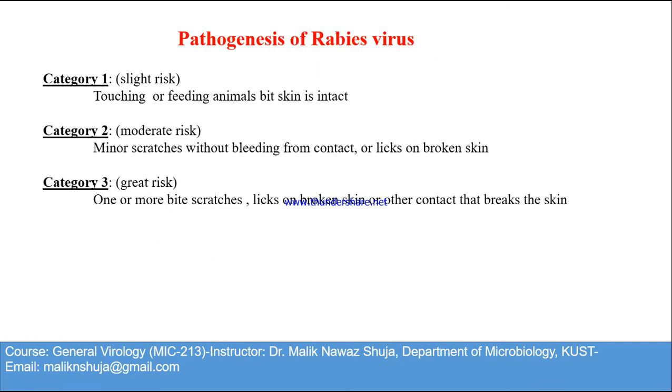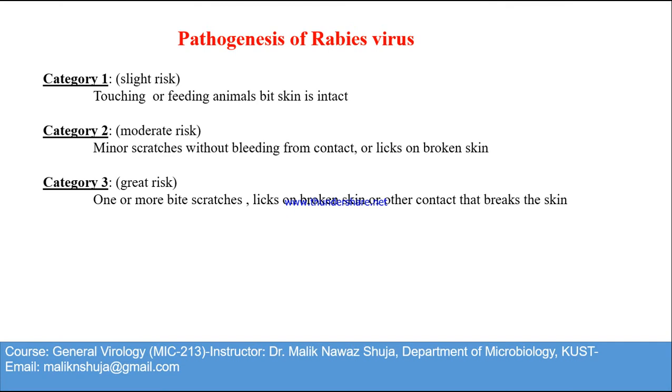If we are talking about the pathogens of rabies virus, it can be easily categorized into three different categories: slight risk, moderate risk, and great or higher risk. In the first category, there is touching or feeding animals, or a bite where skin is in contact.